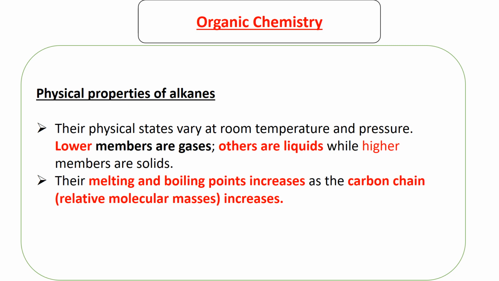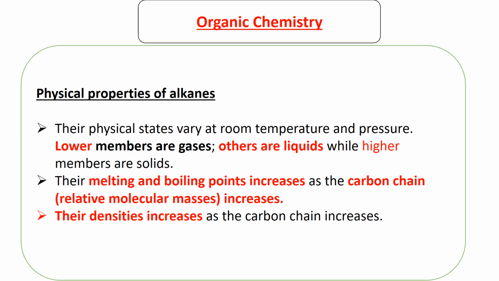Their melting and boiling points increase as the carbon chain increases, something you should expect on a trend that gets more solid when the number of carbon atoms increases. So we expect the melting point and boiling point to increase as the carbon chain increases. Their densities also increase as the carbon chain increases.